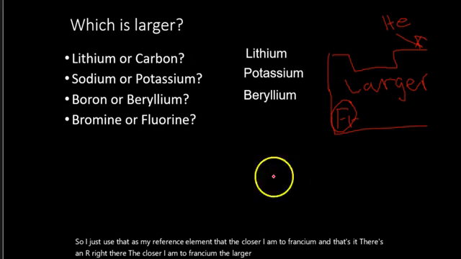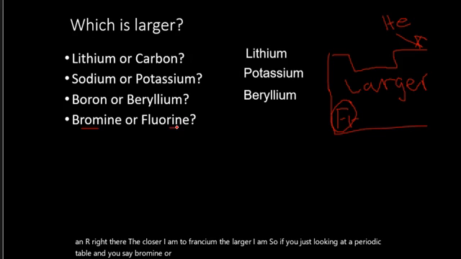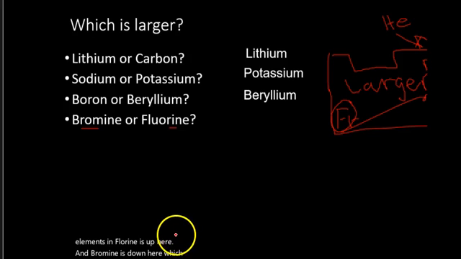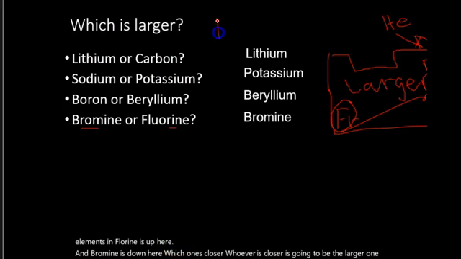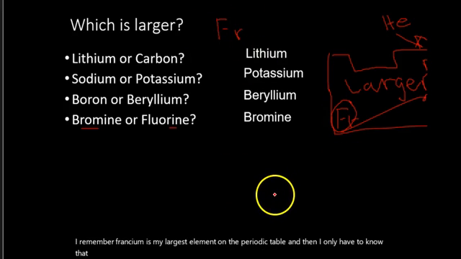So if you're just looking at a periodic table and you say bromine or fluorine, which one of them is closer to francium? Well, fluorine is up here and bromine is down here. Whoever is closer is going to be the larger one. So I remember francium is my largest element, and then I only have to know that to understand my trend.